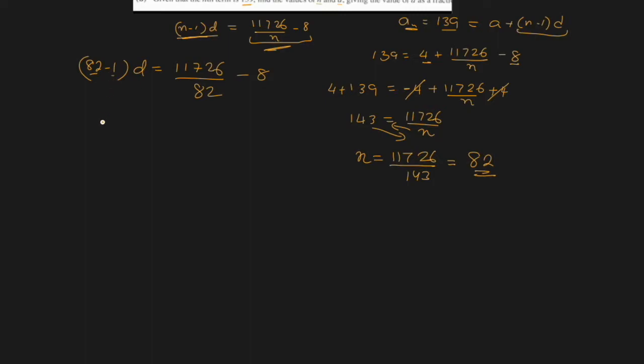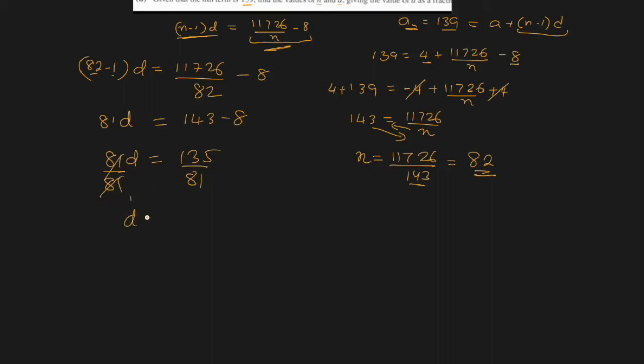So 82 minus 1 is 81d equal to 11726 over 82. 11726 over 82 will be 143, because that's what we got by division here. So 143 minus 8. So 81d equal to 135, and divide both sides by 81.